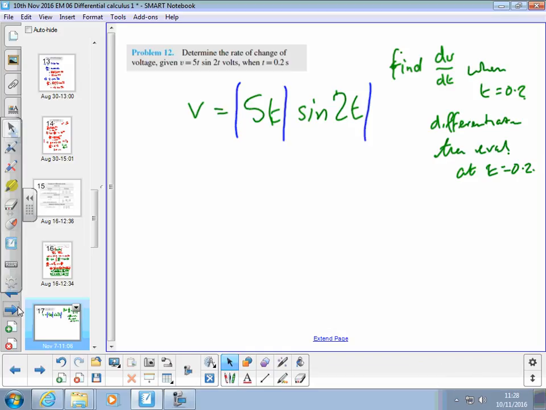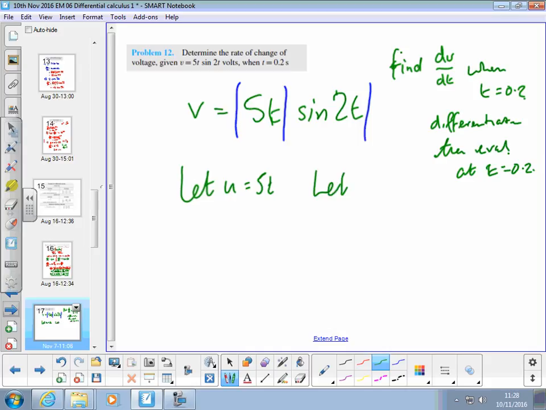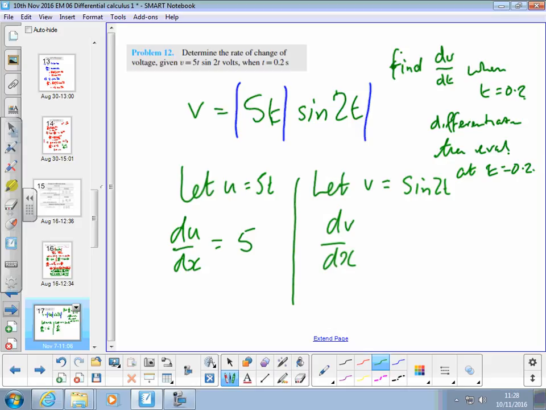So what are we going to let u equal? V equals sine 2t. du by dt, 5, t disappears. Yeah. dv by dt, 2 cos 2t.